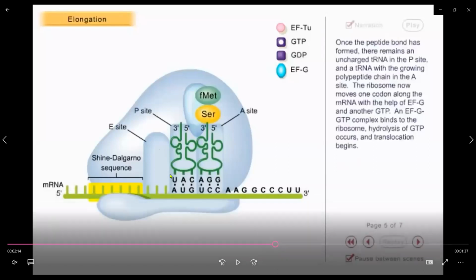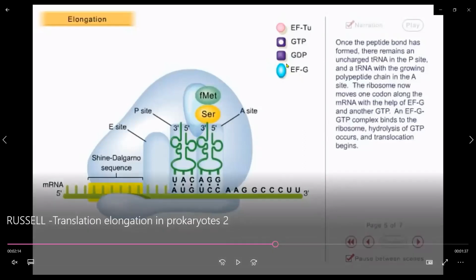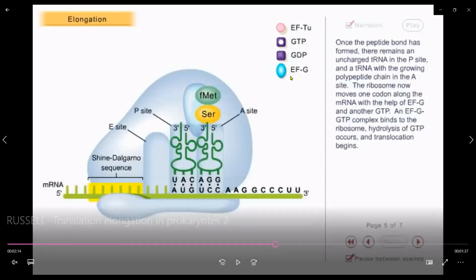This movement of the ribosome on the mRNA by one codon is known as translocation. When the ribosome translocates, it again needs the help of certain proteins. You can see this blue ball, this is the elongation factor G, which will help.